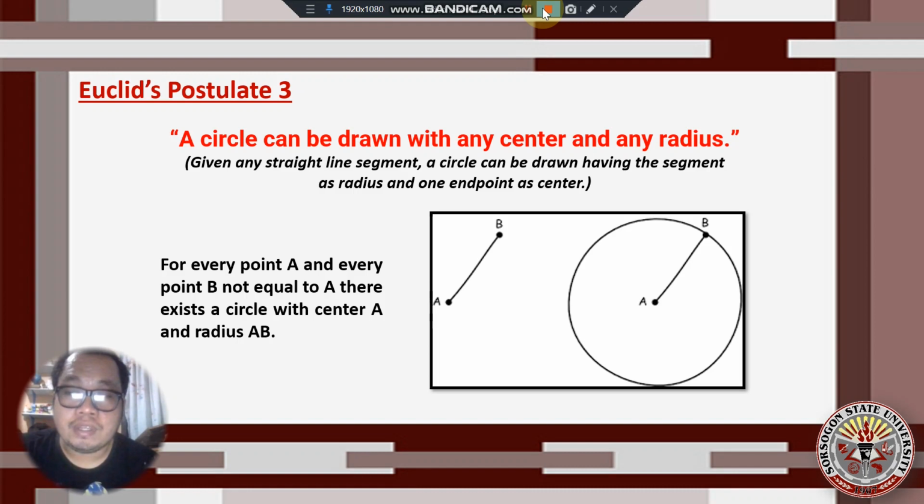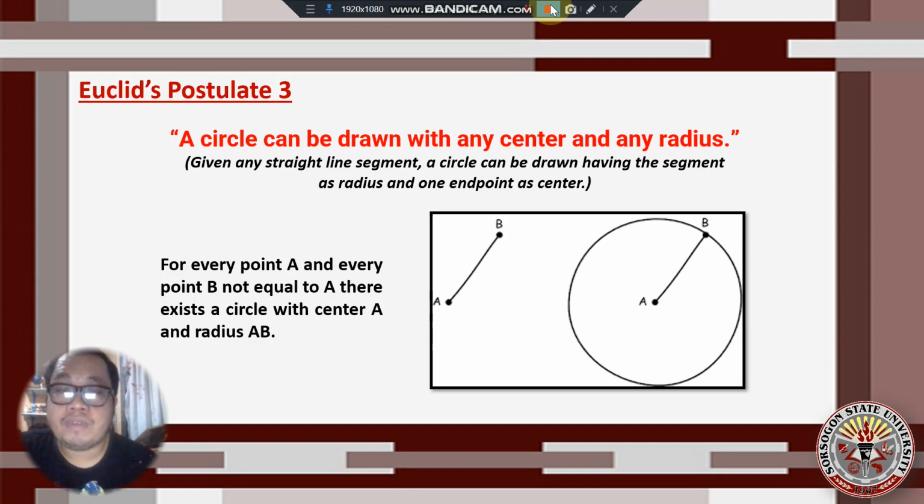In the illustration, segment AB represents the radius of the circle, considering A as the center of the circle. So we have produced a circle out of the given segment AB as the radius, and the center at point A.